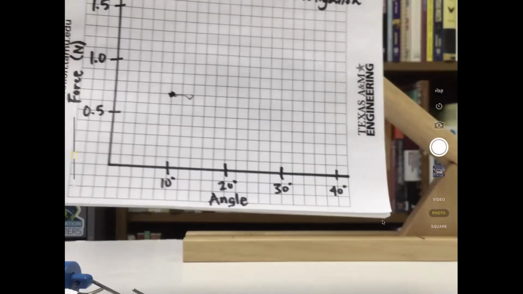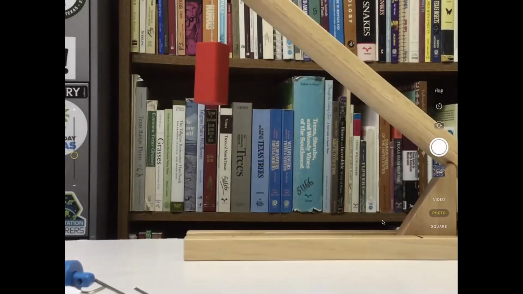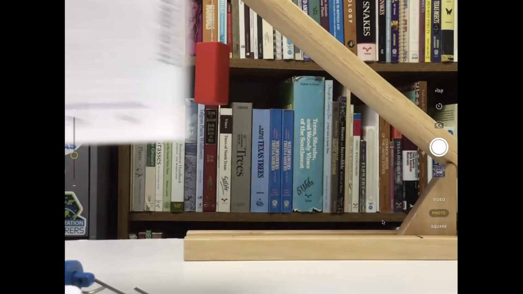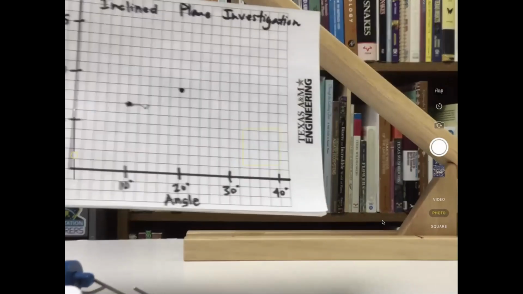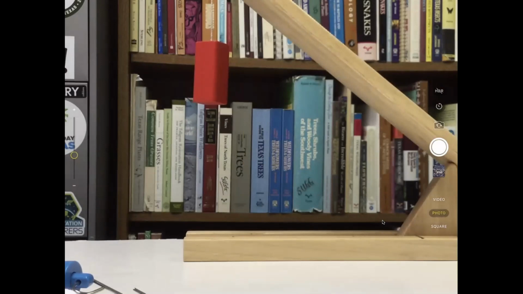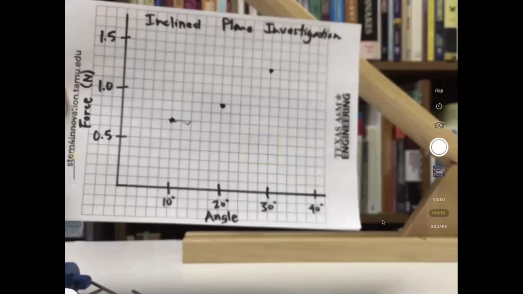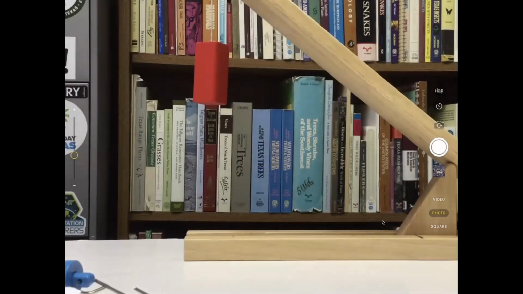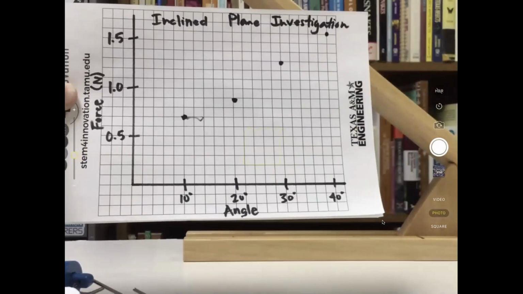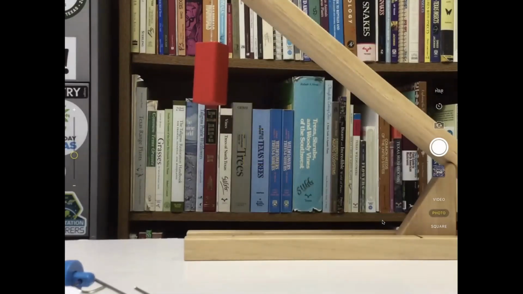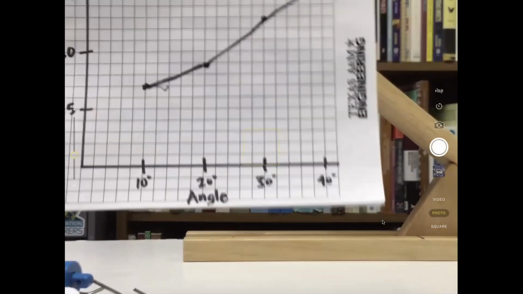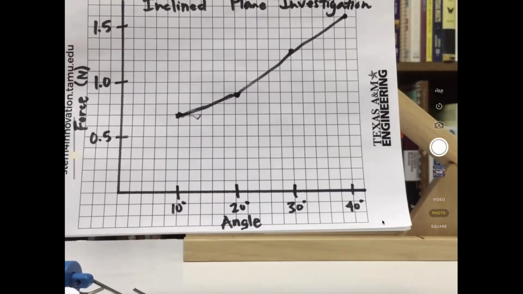And at 20, it was 0.9, so that dot goes there. At 30, it was 1.3, so that dot goes right there. And at 40, it was 1.6, so that dot goes right there. If I connect these dots, you can see that as the angle increases, the amount of force needed to move that cart up the ramp increases as well.